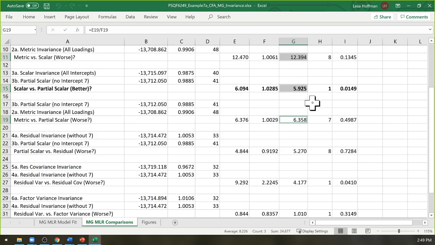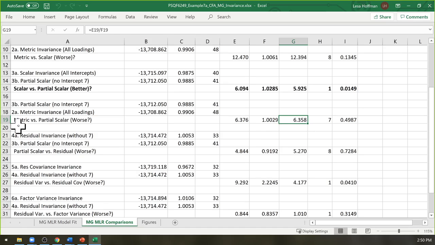If I let one of them be different, 5.9 is the difference between the model that has all of them constrained and one different. And the last comparison tells me, relative to the model with none constrained, how the model with 8 out of 9 constrained does.